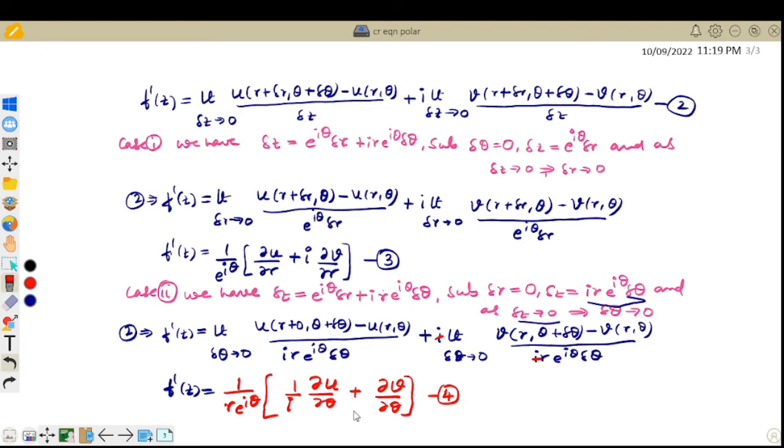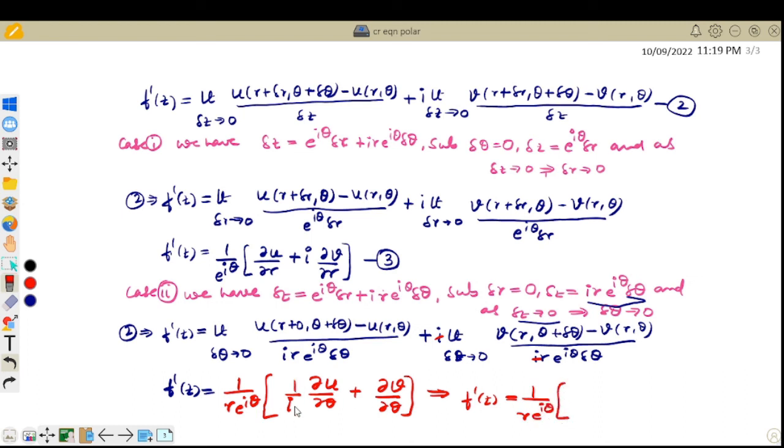Before calling it equation number 4, now try to expand this. This is f dash of z is equal to 1 by r e raised to i theta.